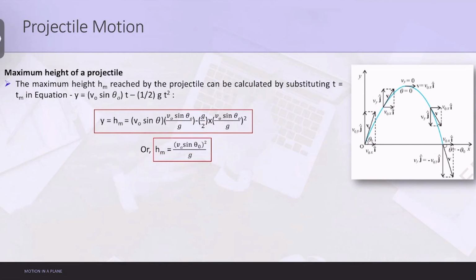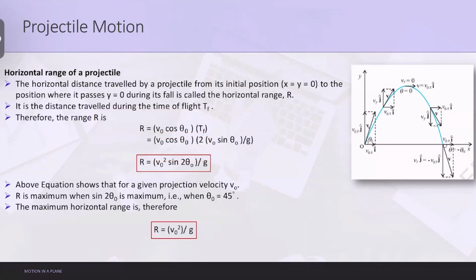The final discussion was that the maximum height Hm of the projectile can be calculated by putting t = tm in the equation for displacement y, and therefore we got the maximum height equal to (v0 sin θ0)² upon 2g. Try to derive all these by yourself without looking at the formulas. If you are able to derive them, it is quite easy to understand the complete concept we are trying to understand here in projectile motion. Okay. Fine.